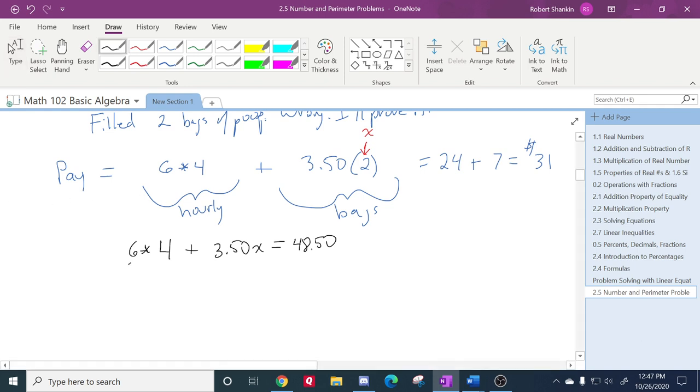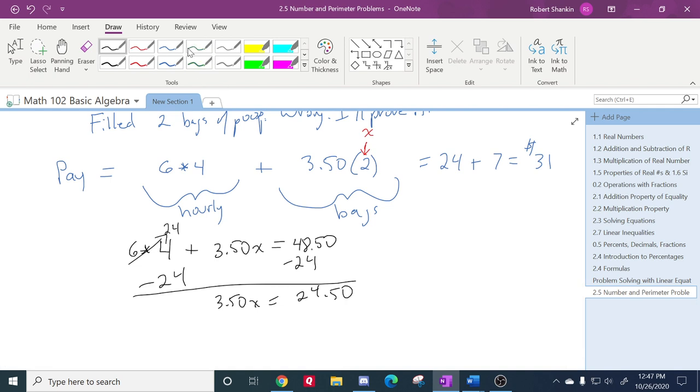And this is 24. So I'm going to subtract 24 from both sides. Now that might have been the intuitive part. Some people without this equation would have just said, subtract off the 24. 3.50x equals 24.50. And then we need to find out how many 3.50s there are in this.